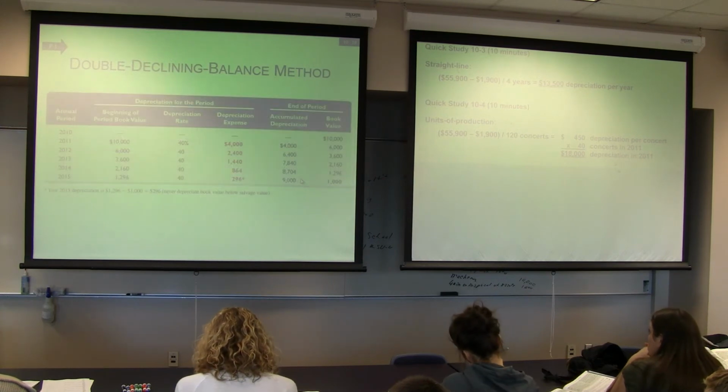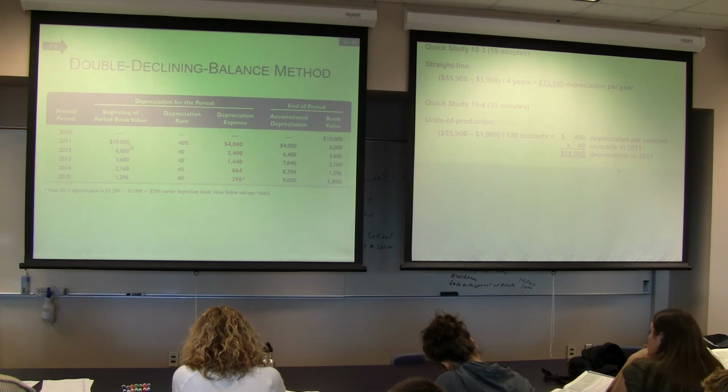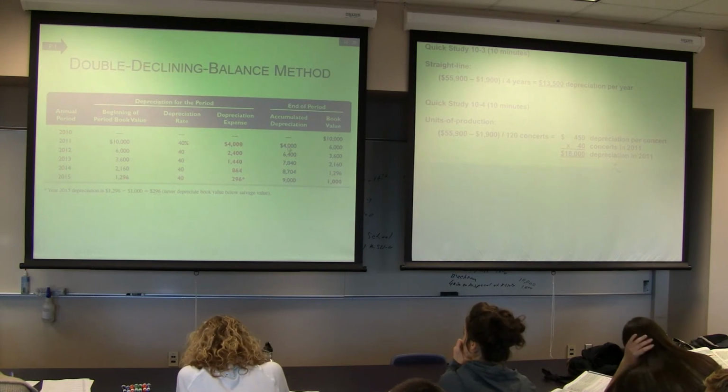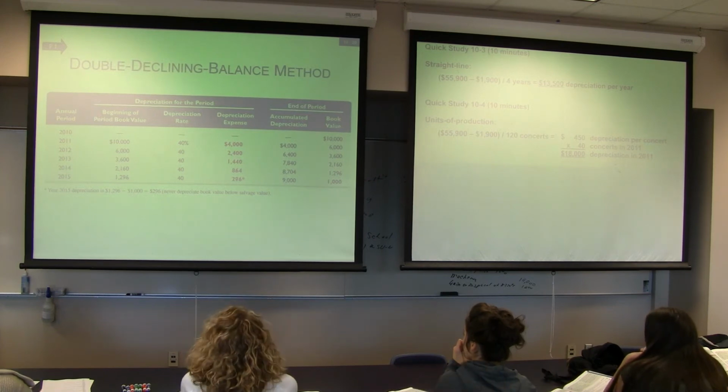Now, if we look at this over time, it would start out at 10,000, 40% of that is 4,000. That's the depreciation expense for year one, that's the accumulated depreciation after year one, and the book value at the end of year one is 6,000, right? So it's 6,000 at the end of year one, which becomes 6,000 at the beginning of year two, which is 2012.